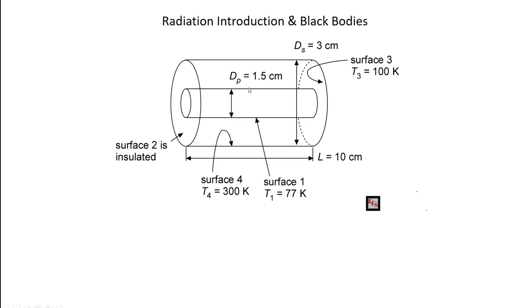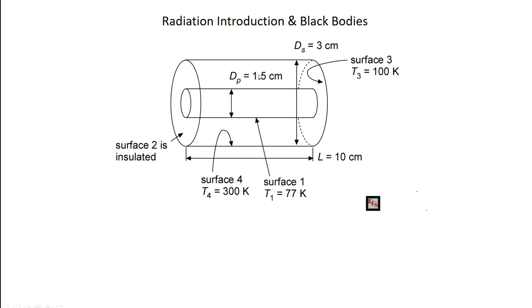In order to protect it from heat transfer, we are going to put it inside of another tube, and evacuate the space between them, right? So it's just radiation going on inside of here, no convection. This outer tube has a diameter of 3 centimeters and a surface temperature of 300 Kelvin.